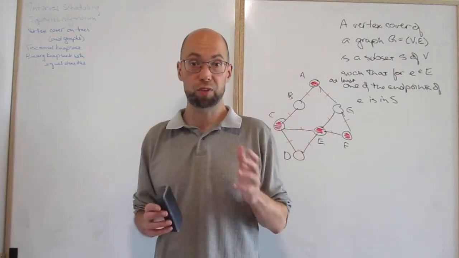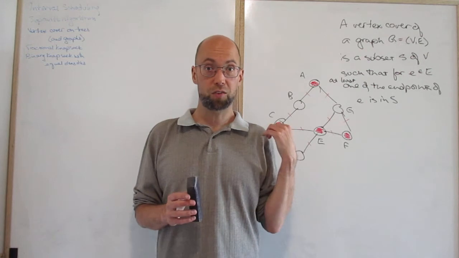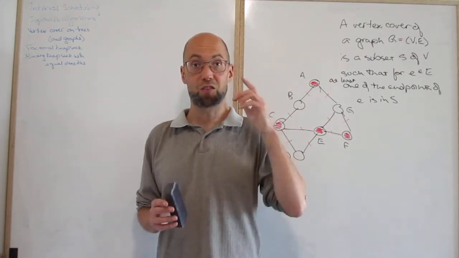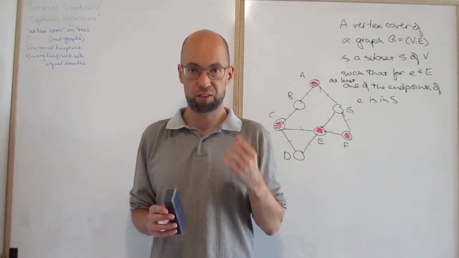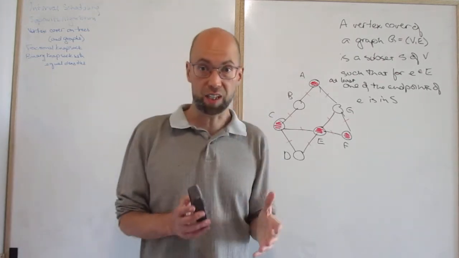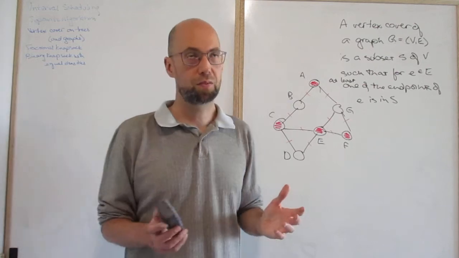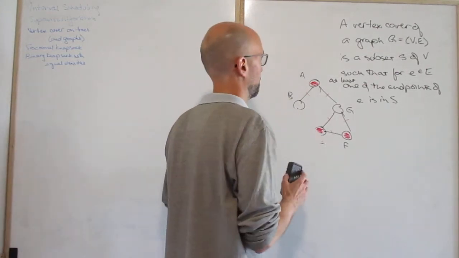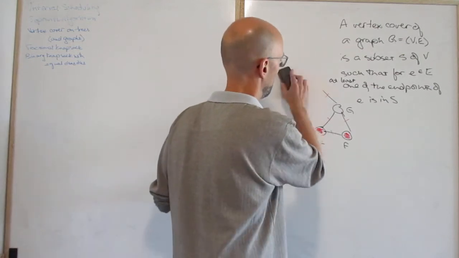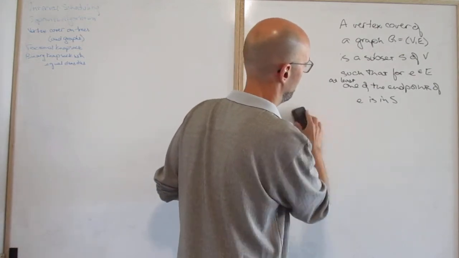For example, trees. We can find a minimum vertex cover on a finite tree. If the tree is infinite, then some stuff is going to be a bit weird, but let's say a finite tree.